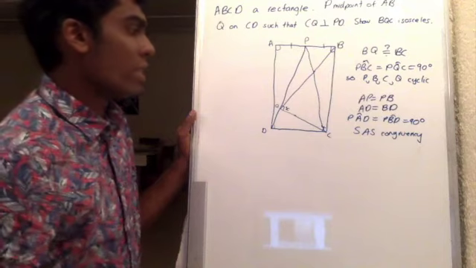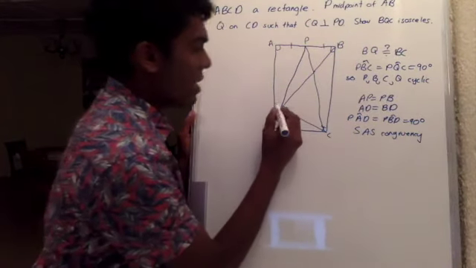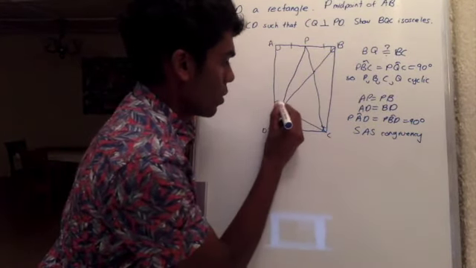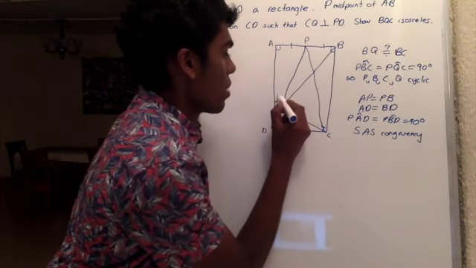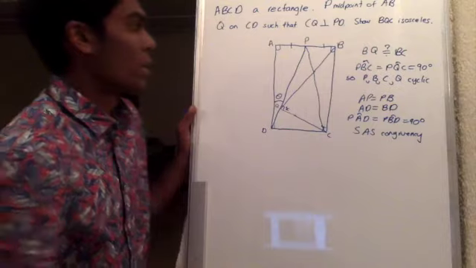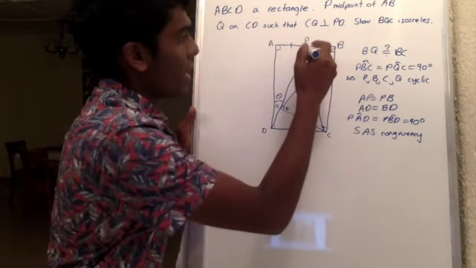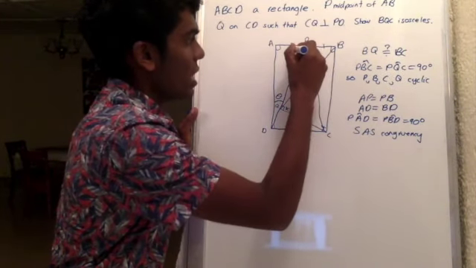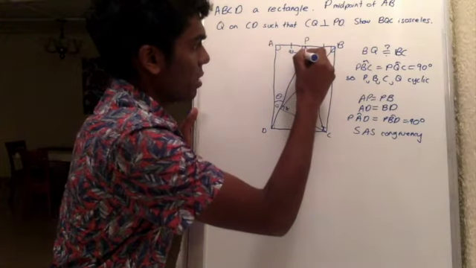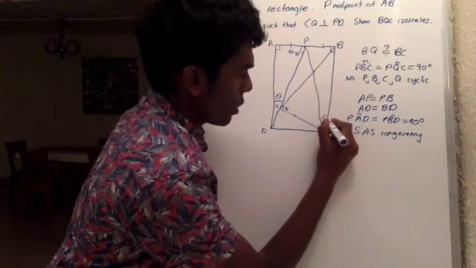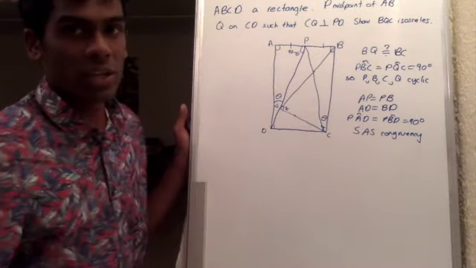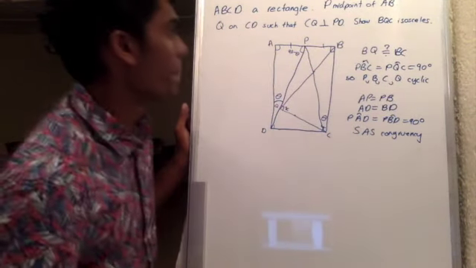And so this means that this angle here, which we're going to call theta, and this angle here, which we know is 90 minus theta, because this angle is 90 degrees. And this angle here is also equal to theta because of the two similar triangles. Nice, right?